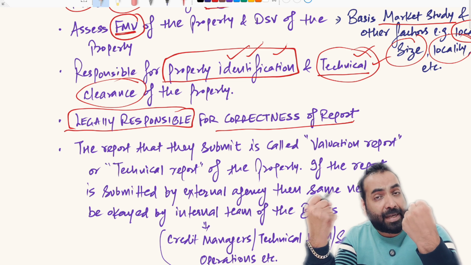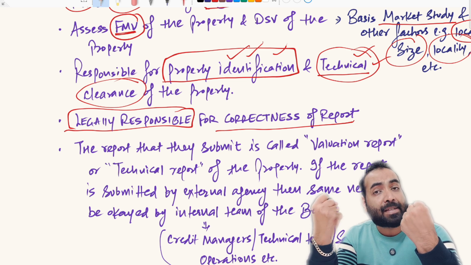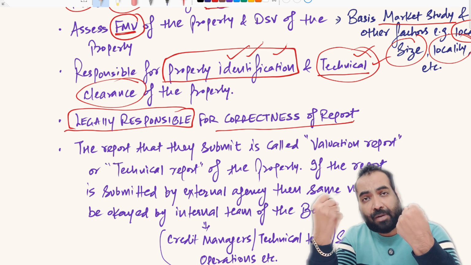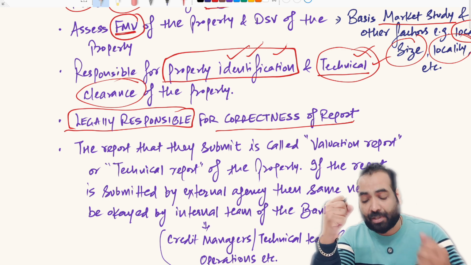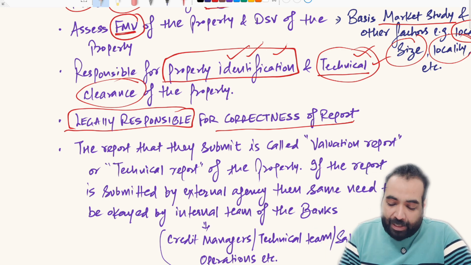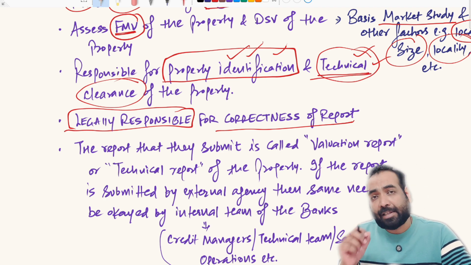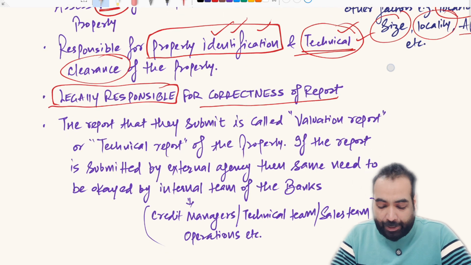That means the borrower was right, and the valuer has given incorrect identification of the property. So he will be fully responsible for the act that he has done. So they are legally responsible. That is why they can ask for additional documents to give a clear technical clearance report, right?